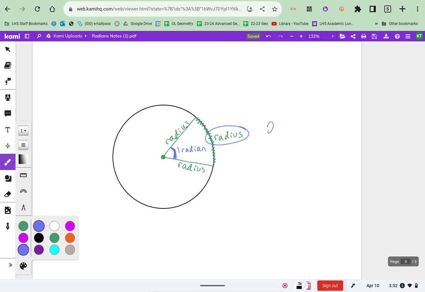And there are 2 pi radians that fit in one circle, which means that 2 pi radians is equivalent to 360 degrees because 360 degrees fit in one circle.